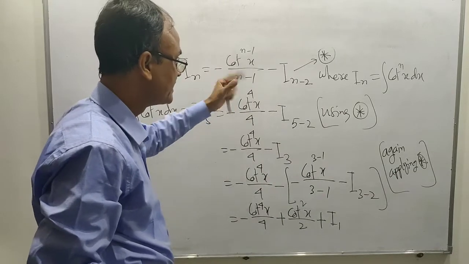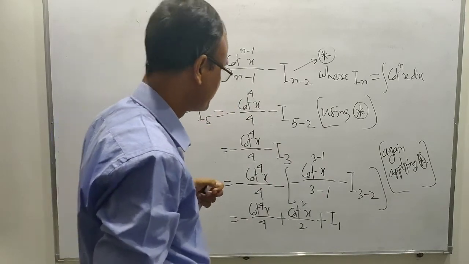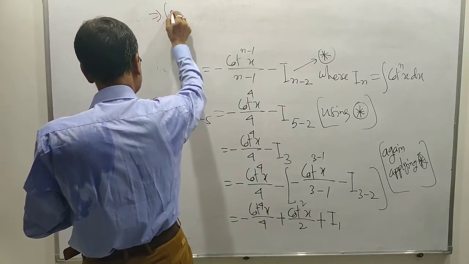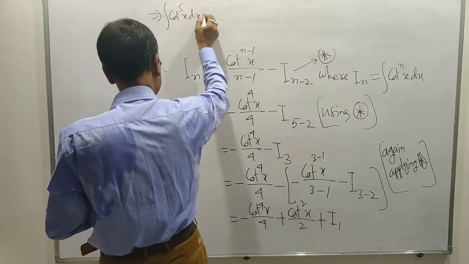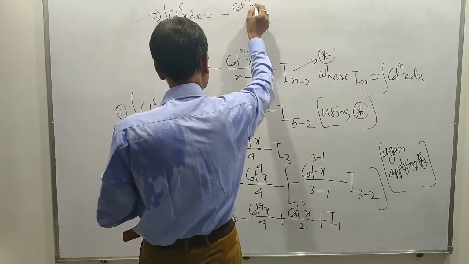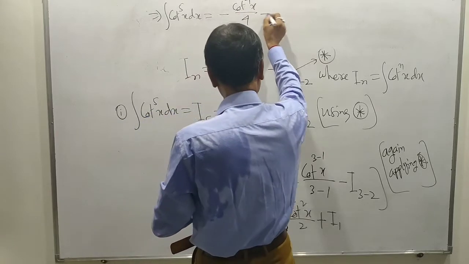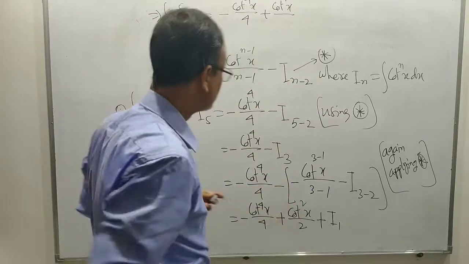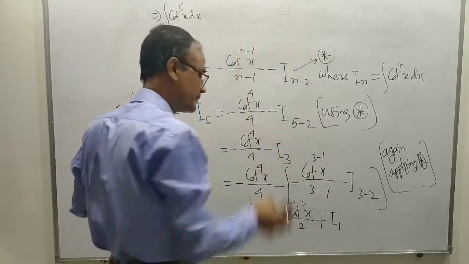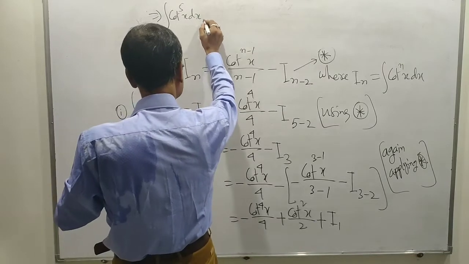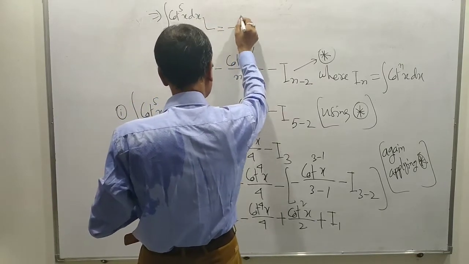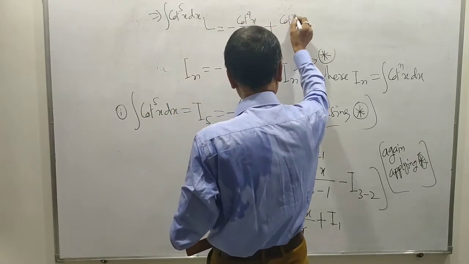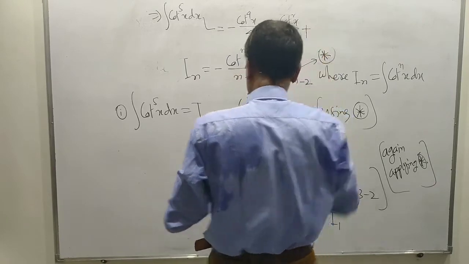I will apply this in number 2 also. This means integration cot to the power 5 x dx is equal to minus cot to the power 4 x divided by 4 plus cot square x divided by 2 plus I_1.